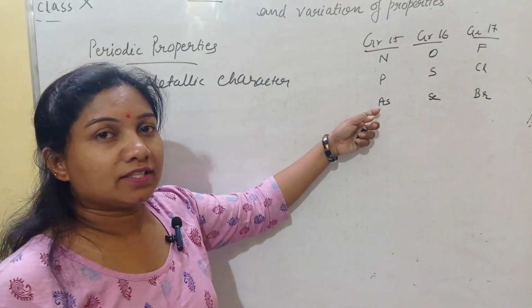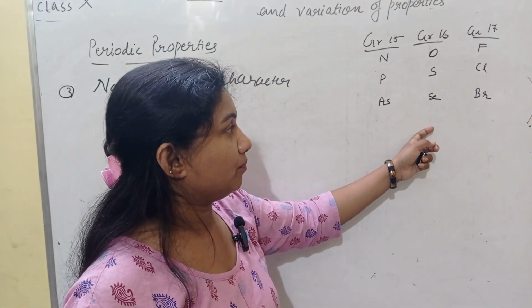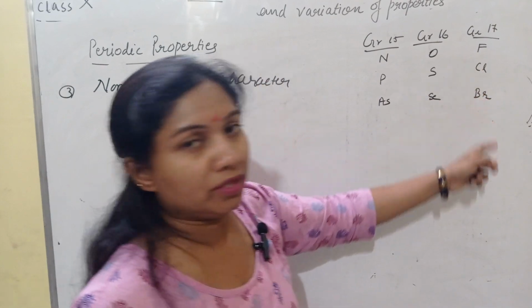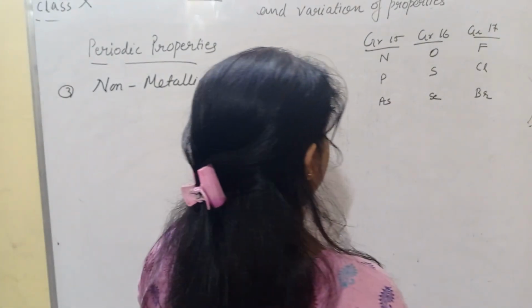Nitrogen, phosphorus, arsenic, antimony, bismuth; oxygen, sulfur, selenium, tellurium, polonium; fluorine, chlorine, bromine, iodine, astatine. So these are the group 15, 16 and 17 elements.